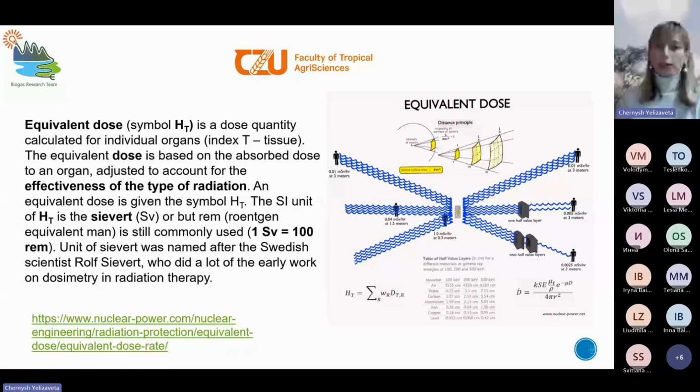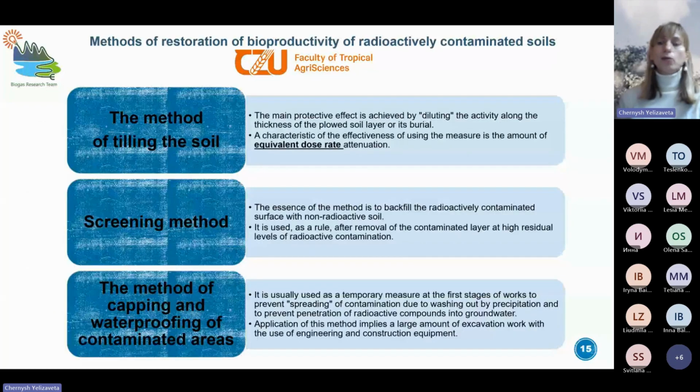In all of these types of accidents, the growing interest in methods of restoration of the productivity of radioactively contaminated soil should be mentioned. Some of these methods are used in complexes, not only for radioactively contaminated soil but for other contamination also.